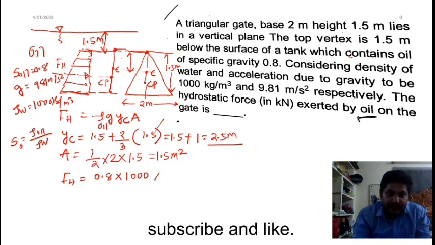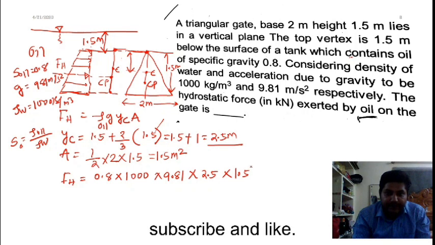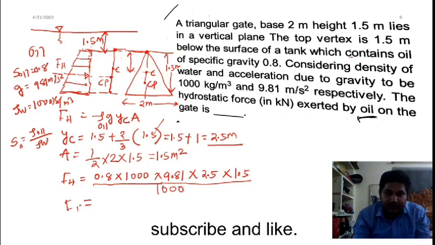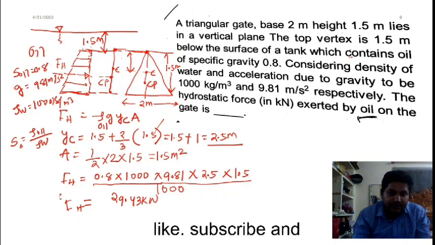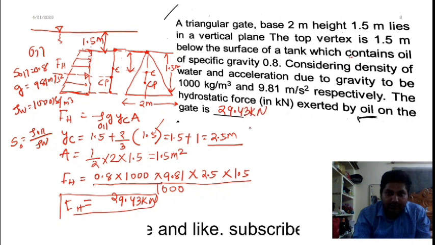Density into 9.81, and yc is 2.5, and the area is 1.5. And we have to find the answer in kilonewtons, so we have to divide it by 1000. So the hydrostatic force is coming out to be 29.43 kilonewtons.